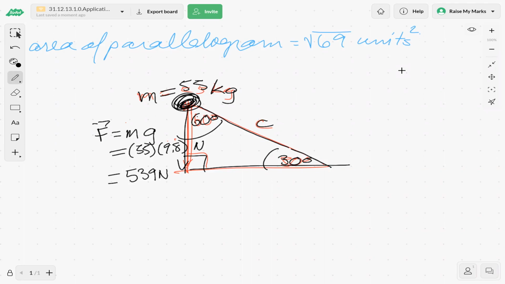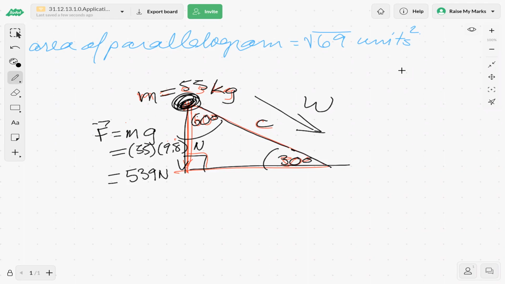So perhaps the work done is going to be the hypotenuse of this triangle, the vector of force going downwards. Let's calculate that. I think we can calculate that using triangles and trigonometry.